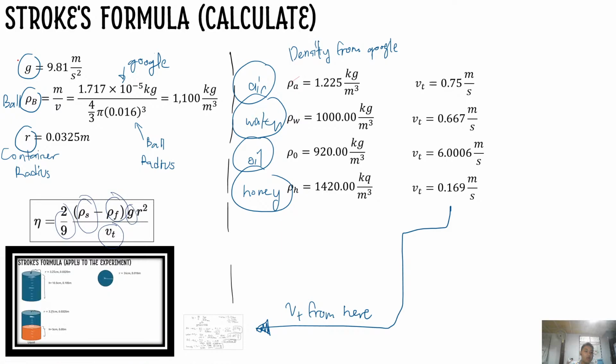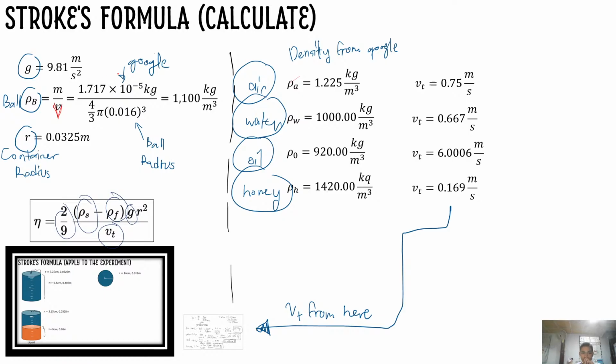So starting from the ball, the density of the ball, how do we find it? I used the formula: density is equal to mass over volume. For my experiment, I didn't measure the mass of the bouncy ball.